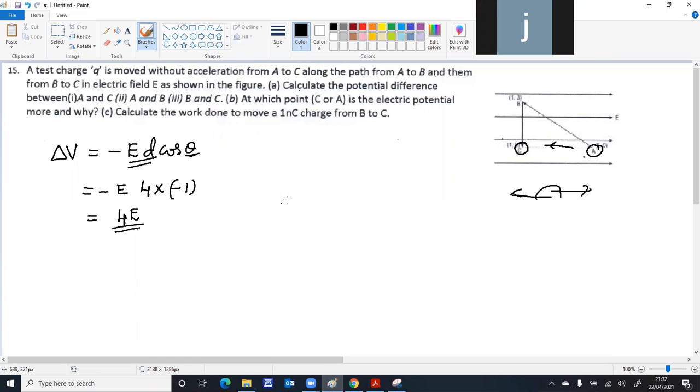Now, what about A and B? You're moving from B to C perpendicular to the electric field, right?